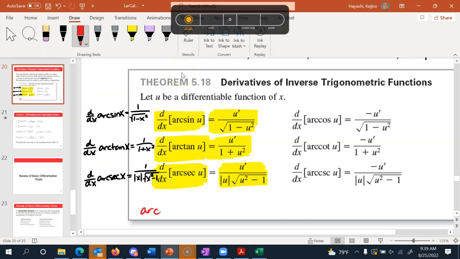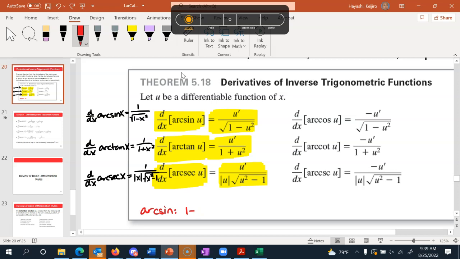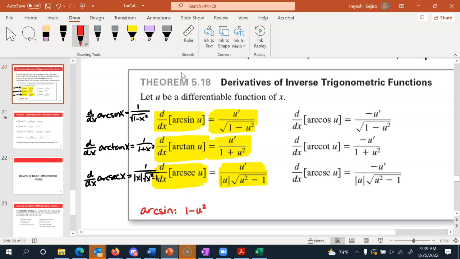So the arcsine is marked by having a constant minus, for now let's just say, a constant minus a variable squared.